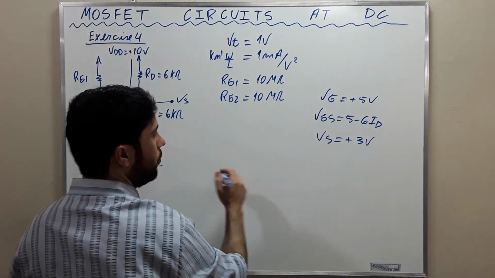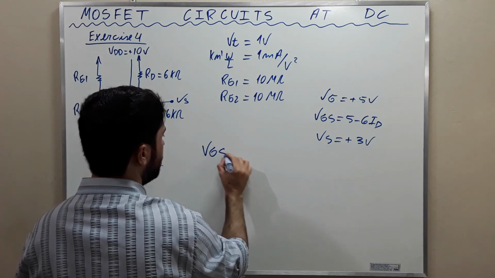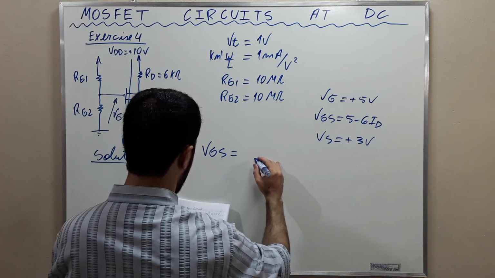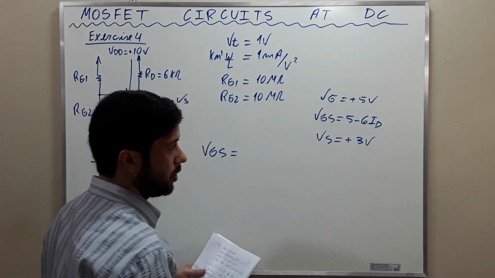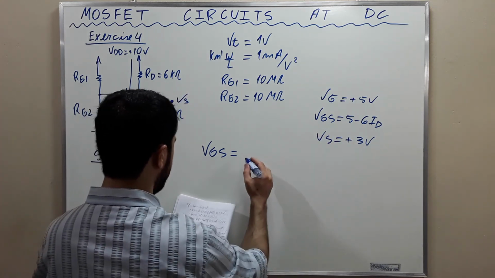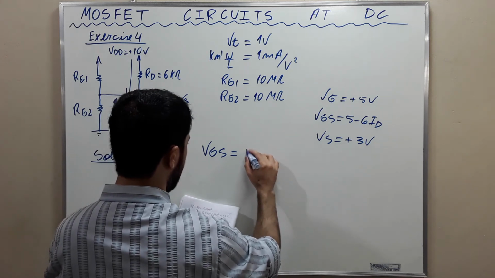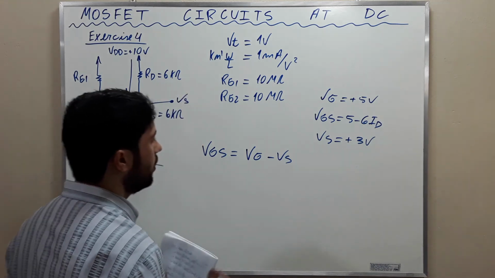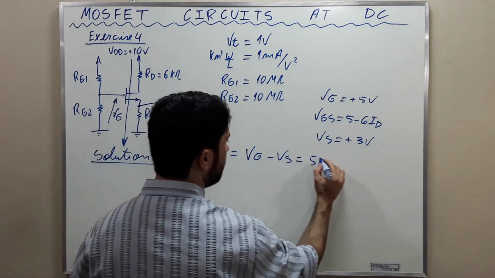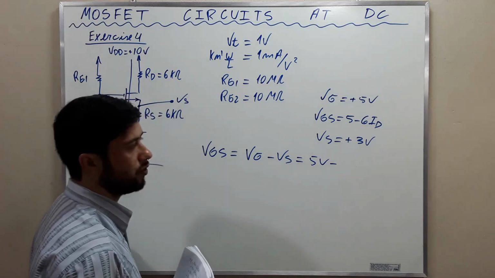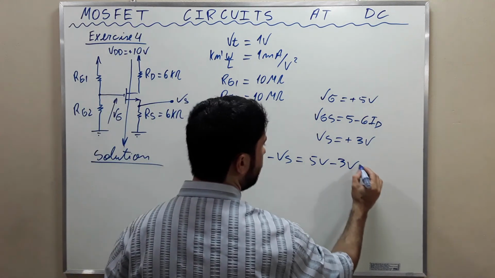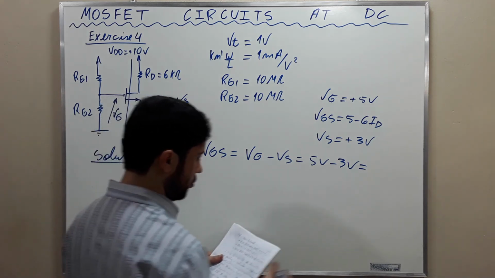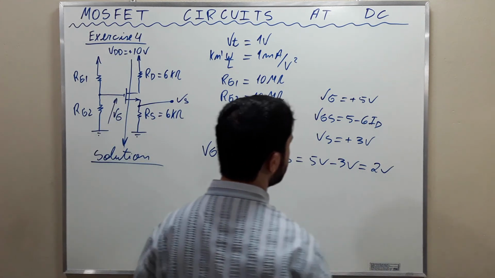For VGS, we can use the expression VGS is equal to Vg minus Vs. Vg is equal to 5 volts and Vs we just calculated as 3 volts, and then VGS is equal to 2 volts.